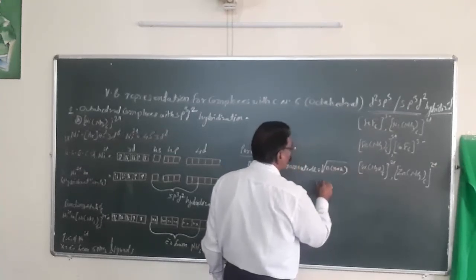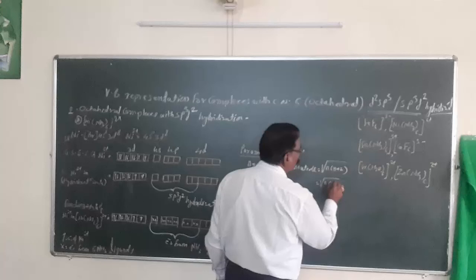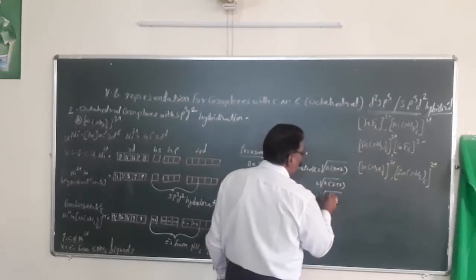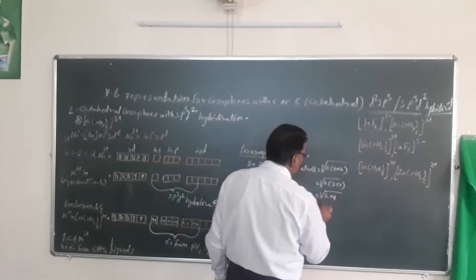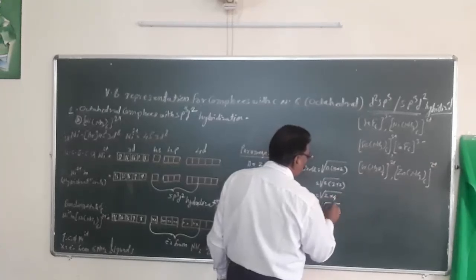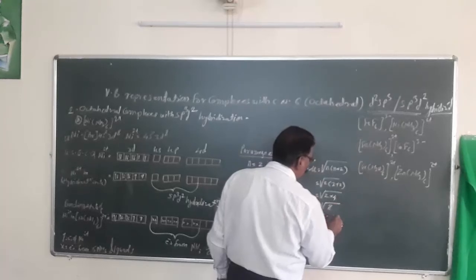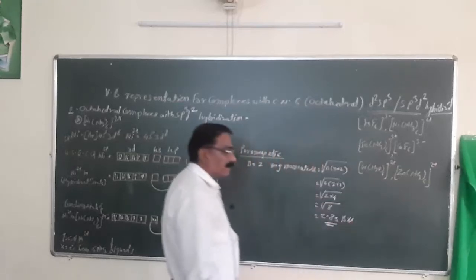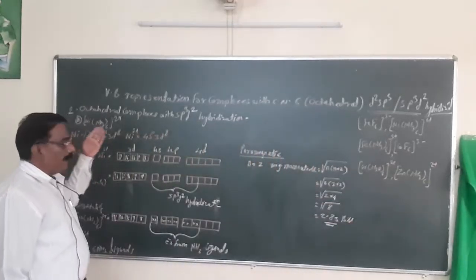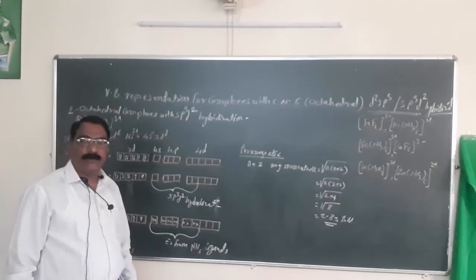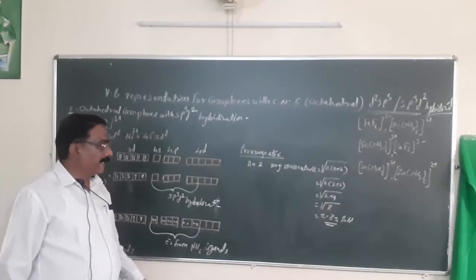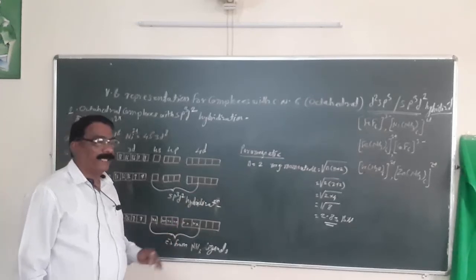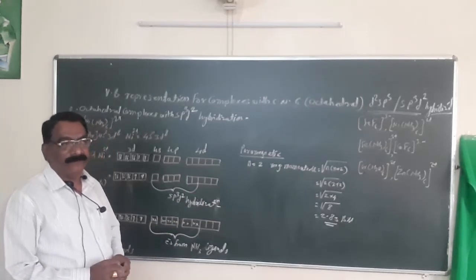Here the n value is 2, so under root 2 in bracket 2 plus 2 is equal to under root 2 into 4, which is under root 8. It is 2.83 Bohr magneton. Thus this Ni(NH3)6 2 plus complex shows magnetic moment 2.83 Bohr magneton, and this complex is paramagnetic.